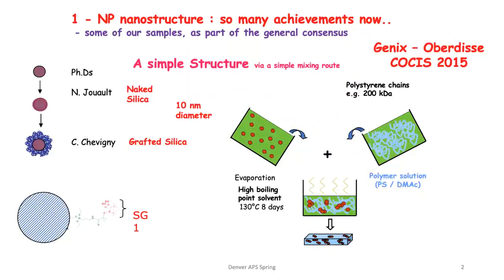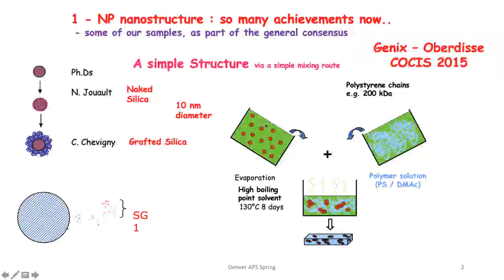Okay. So what we did some time ago is a very simple way of dispersing nanoparticles. These nanoparticles were either naked or grafted, and in that case, the grafting was a grafting-from with an initiator, which was first grafted on the silica, which is 10 nanometer diameter, and then the polymerization started from the surface.